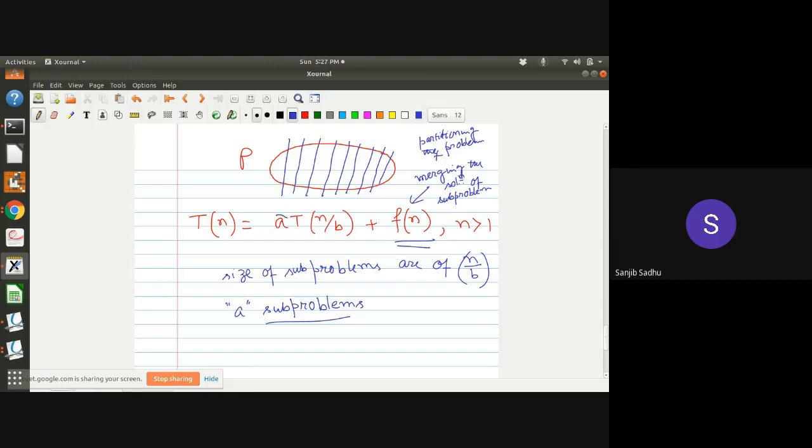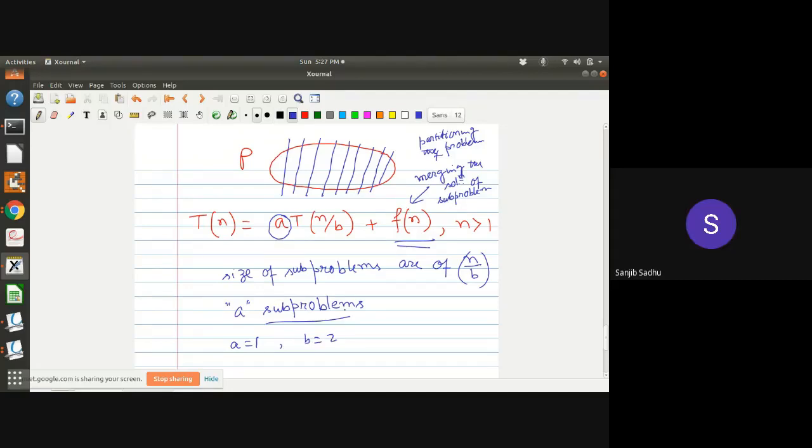And in aT(n/b), what is a? a is the number of subproblems that you need, and n/b is the size of the subproblem. For example, in binary search, what is the value of a? a is 1, and b is 2.